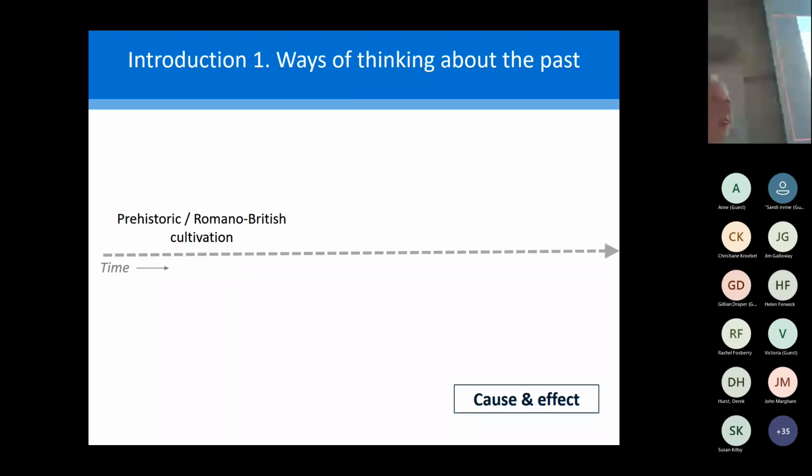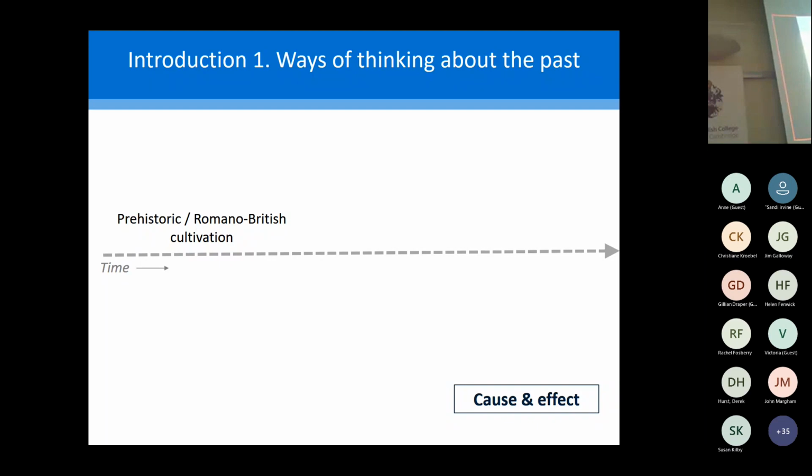So there are two ways of thinking about the past. Actually, there are lots of ways of thinking about the past, but the two that I want to talk about today. One is that of cause and effect. Cause and effect is a very blunt instrument. It basically goes like this. Once upon a time, there were prehistoric and Romano-British farmers farming prehistoric and Romano-British fields.